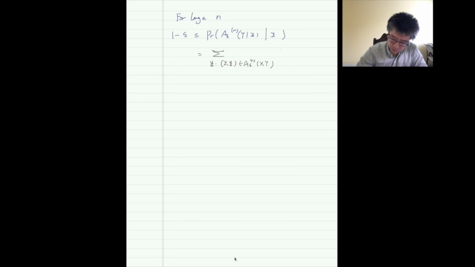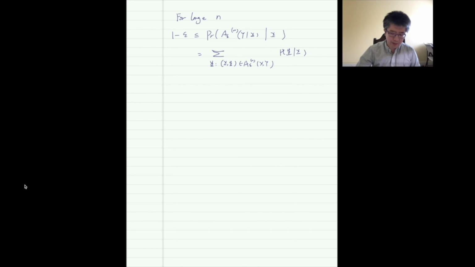Similarly, we can get a lower bound. Maybe I can write this. Here we need, for large n, and we know this is less than or equal to this. Again, we're going to write it down as a summation of this. The procedure will be identical to before.